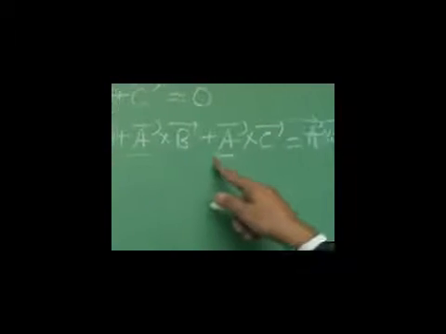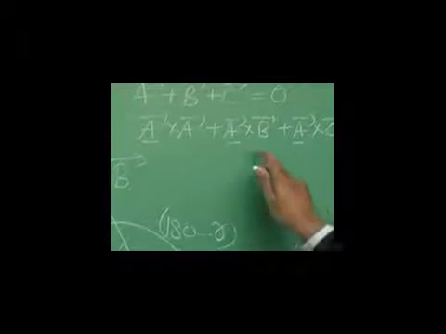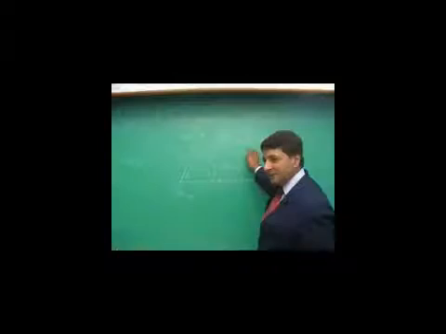Now A cross (A plus B plus C) equals A cross 0. Remember students, you will not change the order. You will keep A in the first position. You cannot write A cross A plus B cross A, because then the sense of direction will change. A cross A, collinear vectors, the resultant is 0.